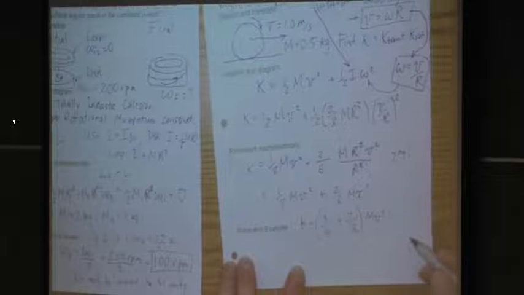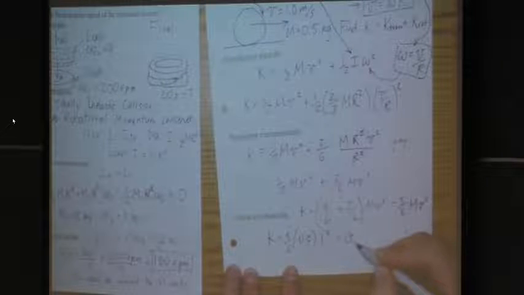K is equal to 3/6 plus 2/6, all times m v squared, so it's equal to 5/6 m v squared. So K is equal to 5/6 times 0.5 kilograms times 1 squared, which is 0.42 joules.